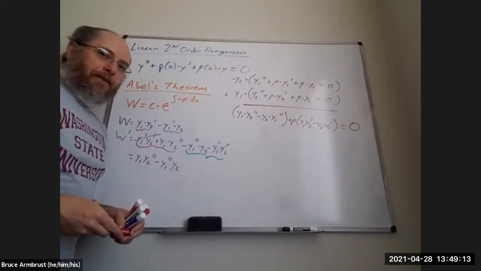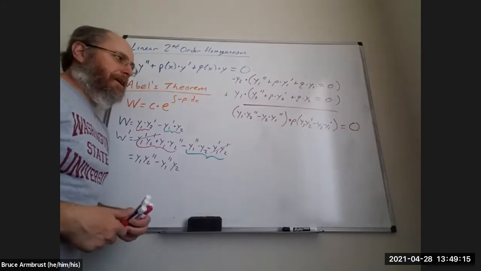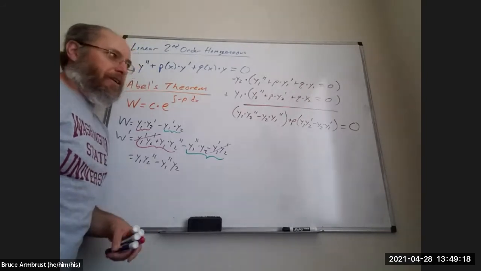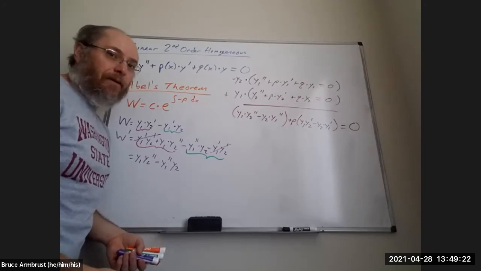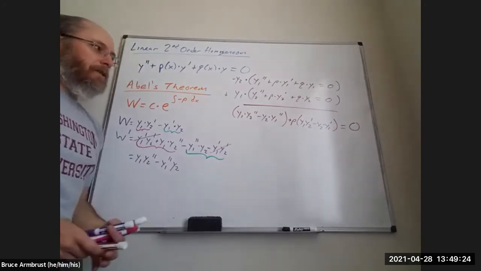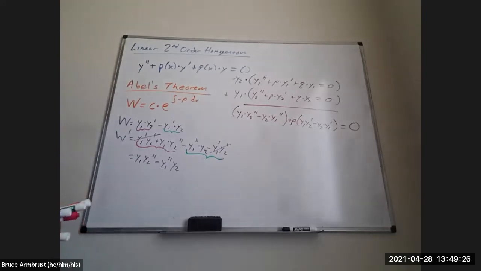So you're probably asking yourself, why did Bruce just do that? I mean, yeah, we got rid of the q's. Big deal. Well, take a look at what's in those parentheses.